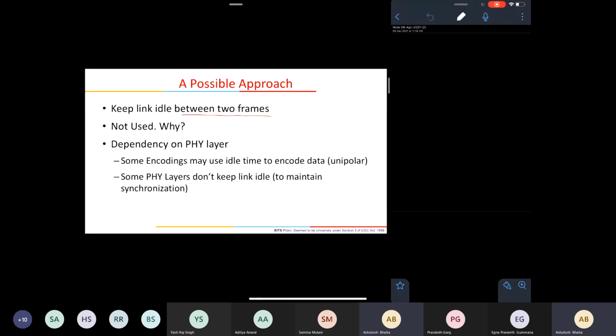You probably have not seen the physical layer, but as I discussed in the last class, when you encode signals, you encode them like 0 1 0 0 1 0 1 0 1 1.